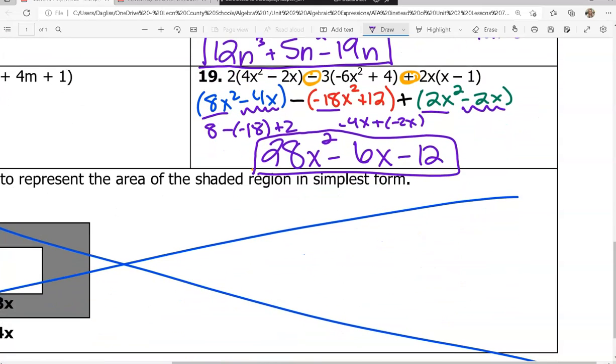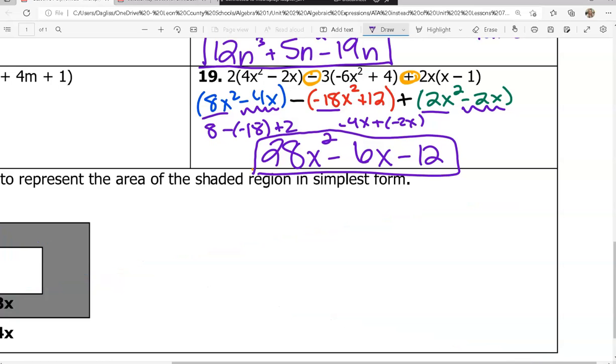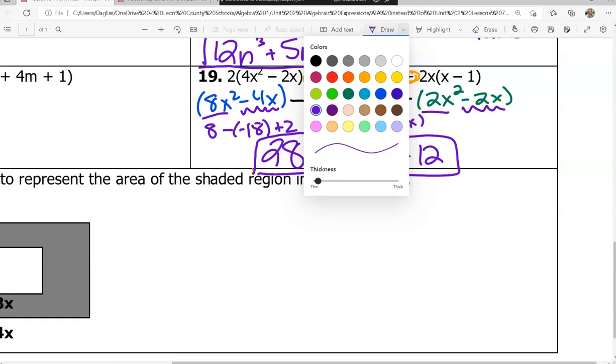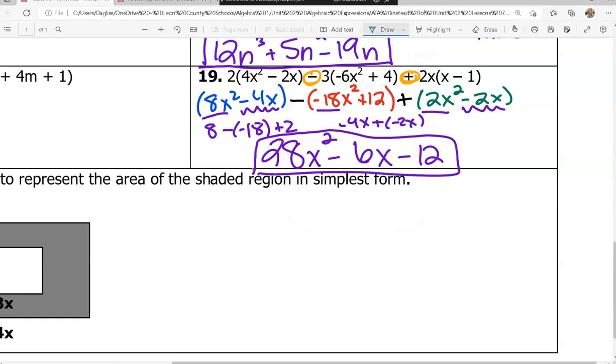Okay. Something else you can do, I like showing you multiple options. When you see that minus, technically you can distribute that and make it act like a negative 1. So if you wanted to, you could have 8x squared minus 4x from the beginning. Then this could be positive 18x squared negative 12. And then plus 2x squared minus 2x.